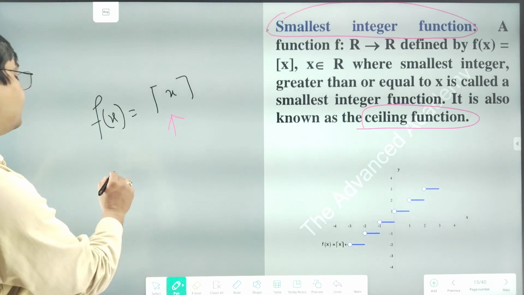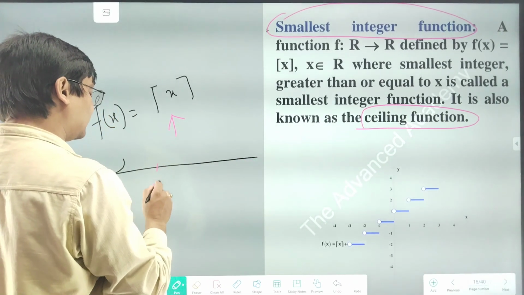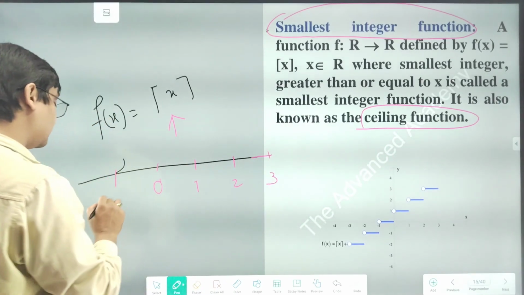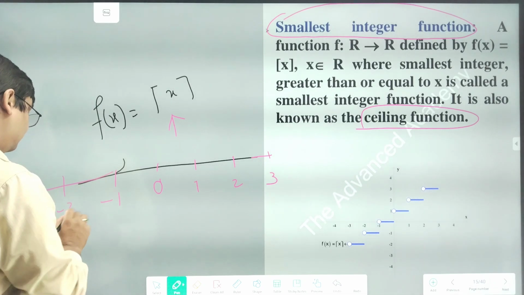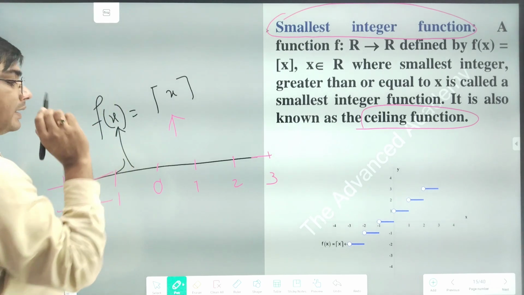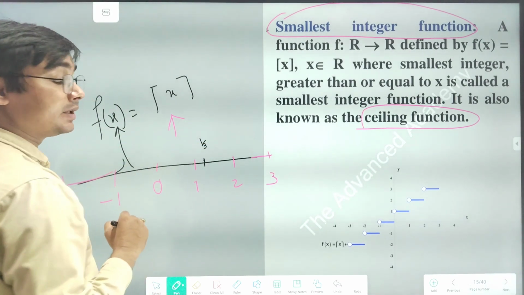Suppose take any value, suppose we take a real point near the number line 1 2 3, -1 -2. Then just put here any number, suppose here 1.3.